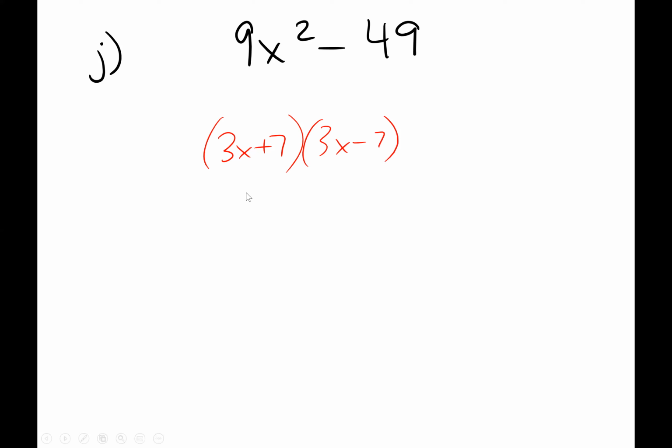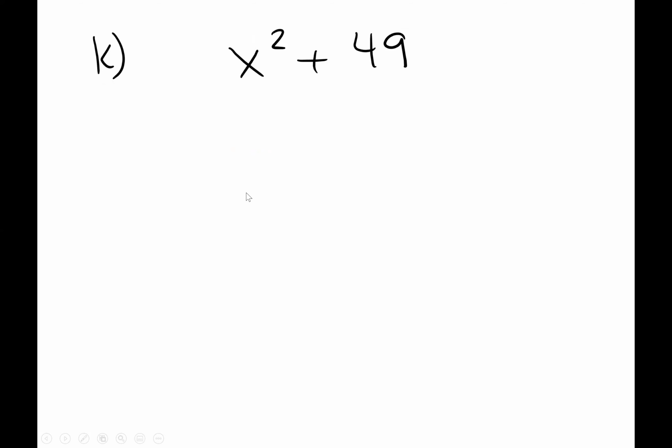Okay, and next one. Just like x minus 7 squared. Let's try. Let's go x minus 7, but if you square it like this right here.